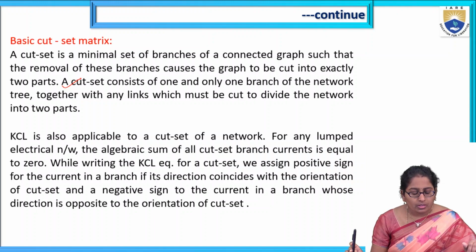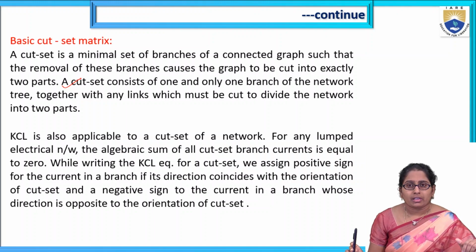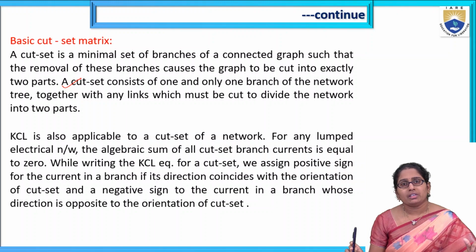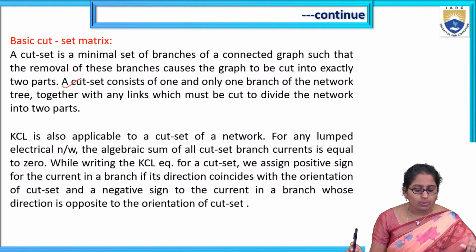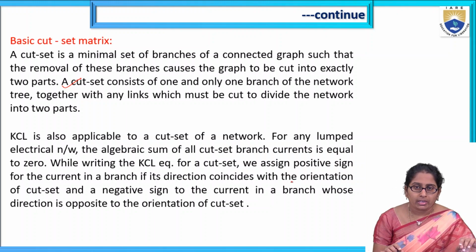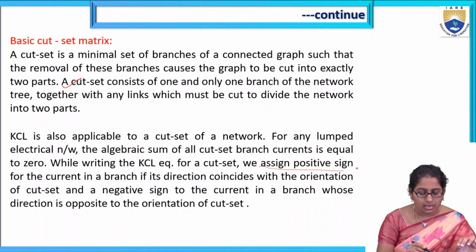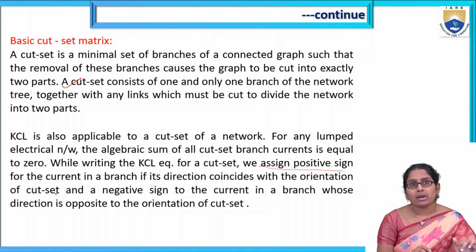Now, while writing the KCL equation for a considered cut set, how to write that? Assign a positive sign for the current in a branch if its direction coincides with the orientation of the cut set.